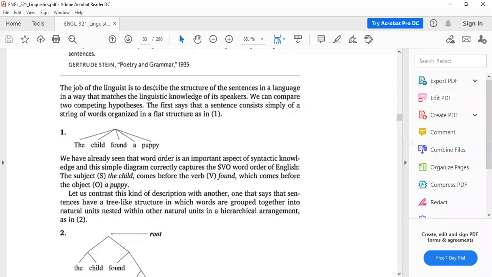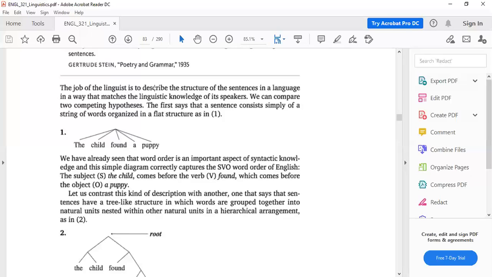And the job of the linguist is to describe the structure of the sentences in a language in a way that matches the linguistic knowledge of its speakers. So the linguist cannot work in isolation from the linguistic knowledge of the speakers of the language.